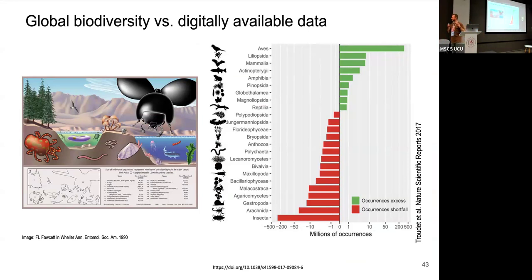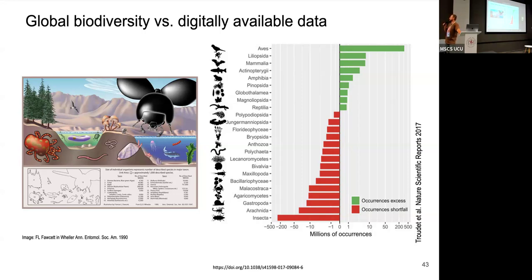The size of an organism represents the number of described species of different parts of biodiversity. And you can see that mammals are not in the leading role.